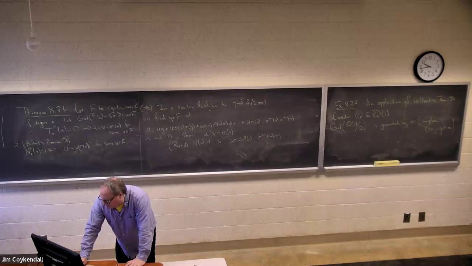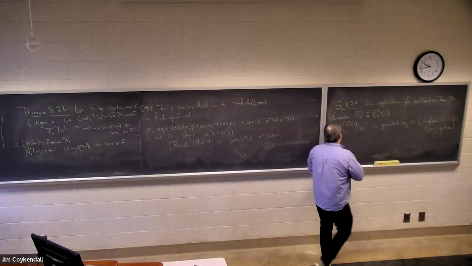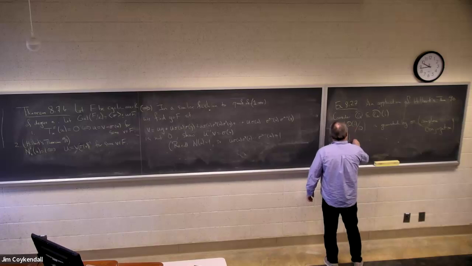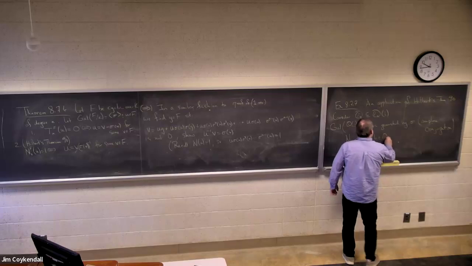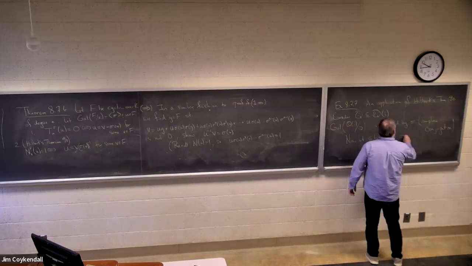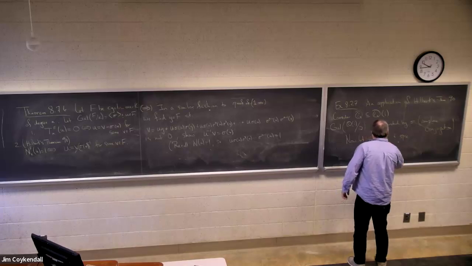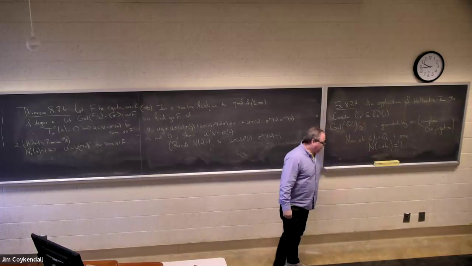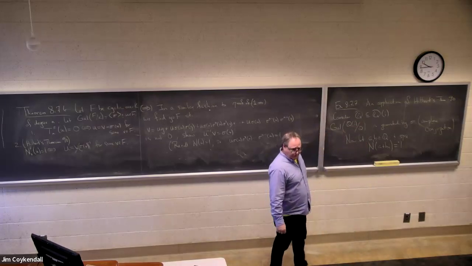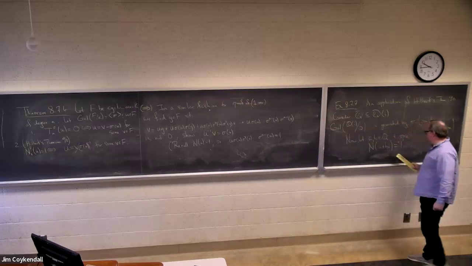Now let's suppose that we have rational numbers a and b, and the norm of a plus bi is 1.